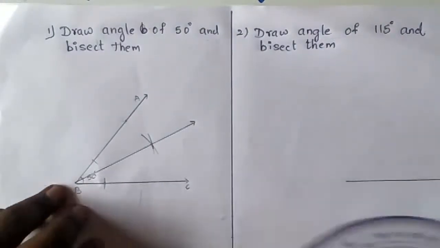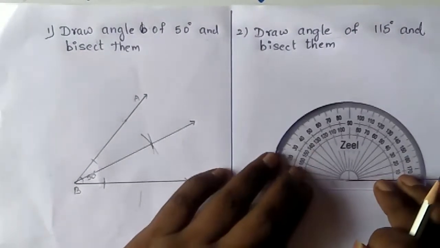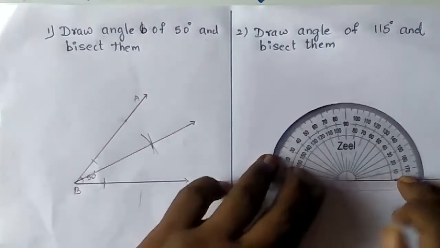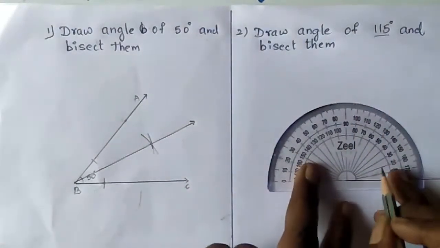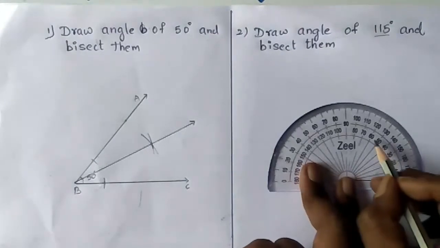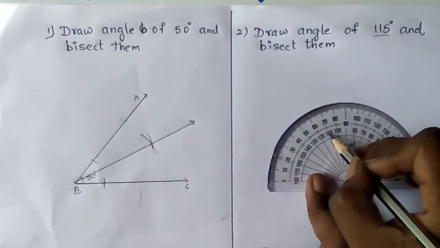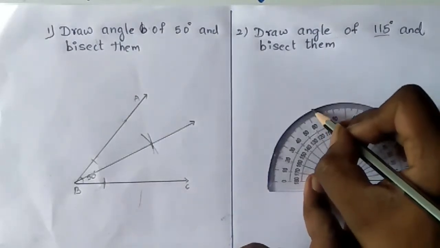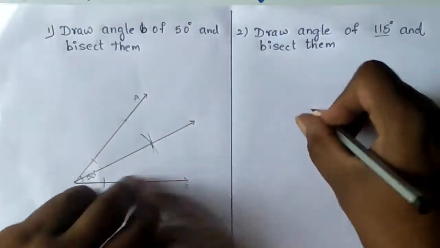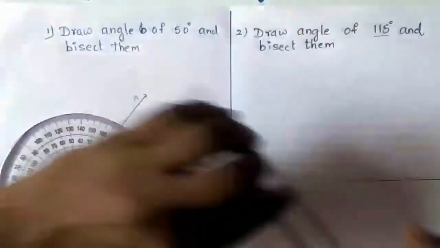Then take a protractor and mark 115 degree, as I already said: 10, 20, 30, 40, 50, 60, 70, 80, 90, 100, 110, 115. 115 is here.